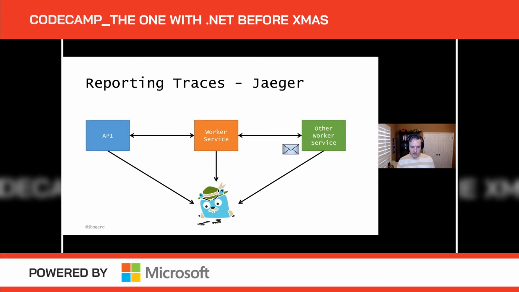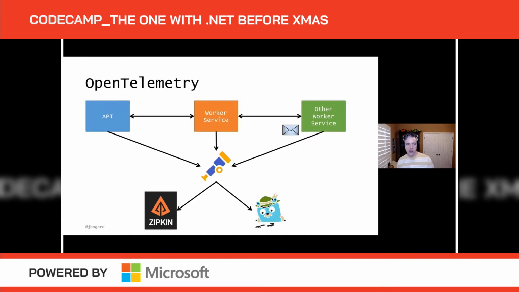So the next piece of the puzzle is to try to standardize on the down arrows. That is, standardize the definition of what these traces should look like and how to report on them as well. And that effort is the OpenTelemetry effort.